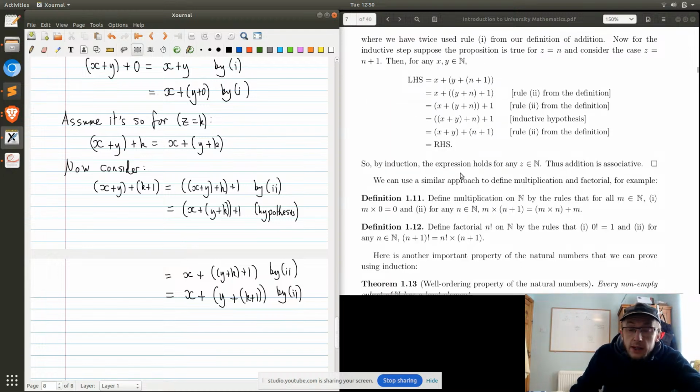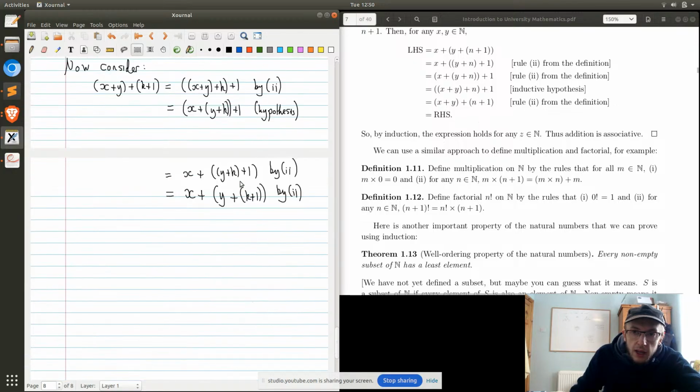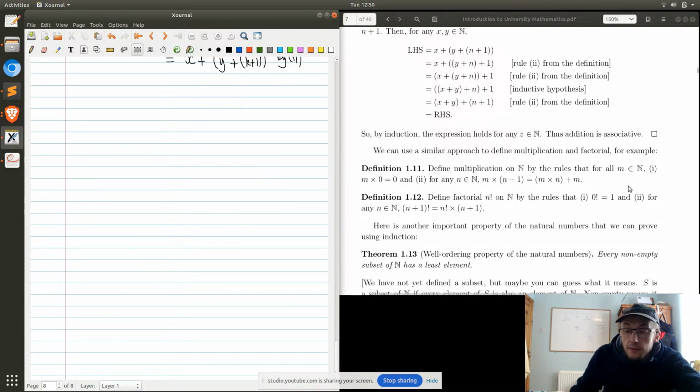We can use a similar approach to define multiplication and factorial. For example, define multiplication on the natural numbers by the rules that for all m in the natural numbers, m times 0 is equal to 0.